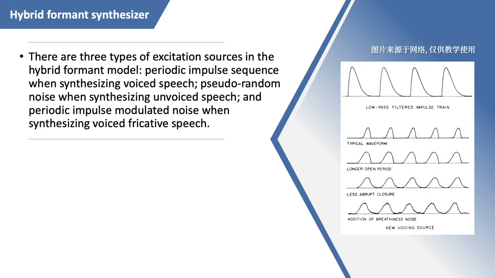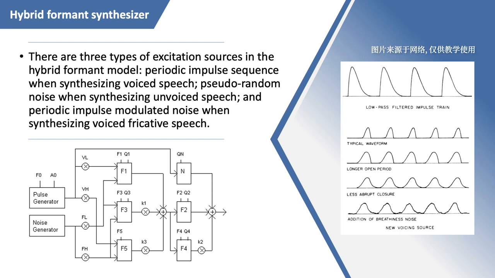There are three types of excitation sources in the hybrid formant model: a periodic impulse sequence when synthesizing voiced speech, pseudo-random noise when synthesizing unvoiced speech, and periodic impulse modulated noise when synthesizing voiced fricative speech. For synthesis of arbitrary text, formants and bandwidths for each phoneme are determined by analyzing the speech of a single person.